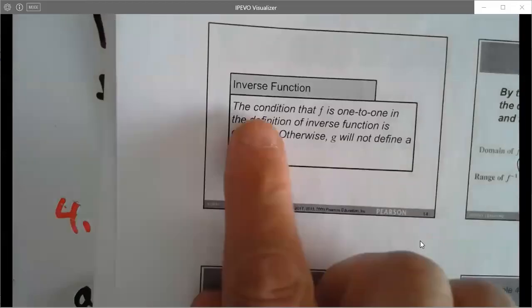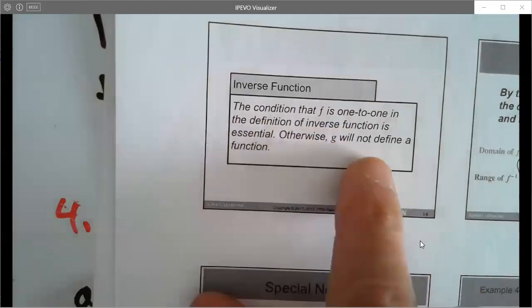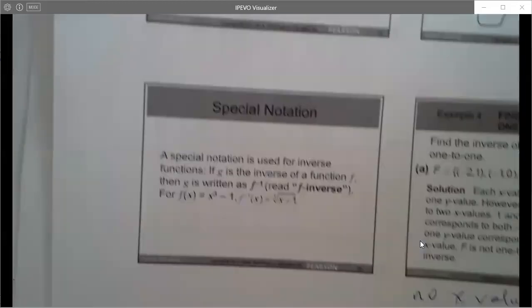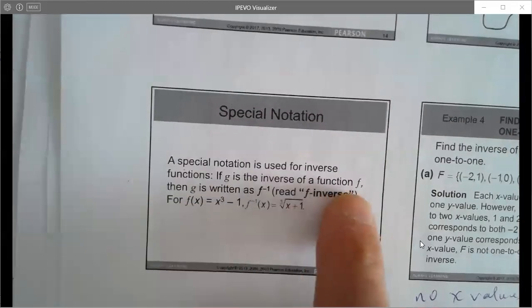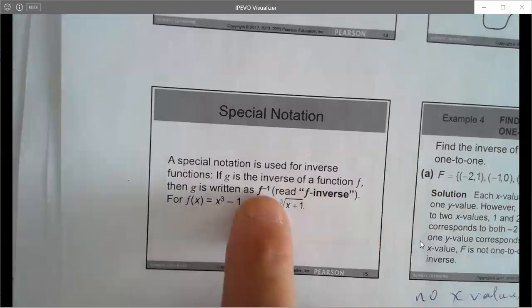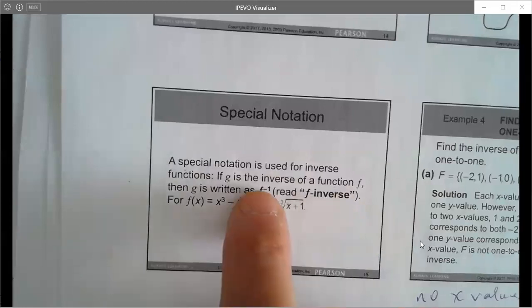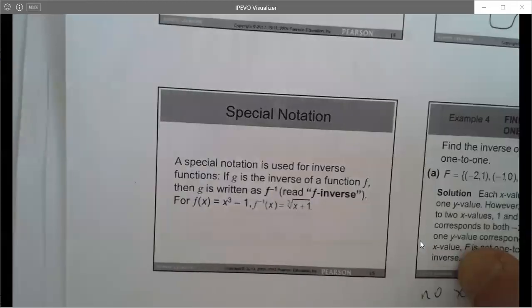All right, so for an inverse function, it is essential that f is 1-to-1. Otherwise, the inverse will not define a function. The special notation for the inverse function is f with a raised -1, and this is known as f inverse. It's not the reciprocal, it's the inverse function.